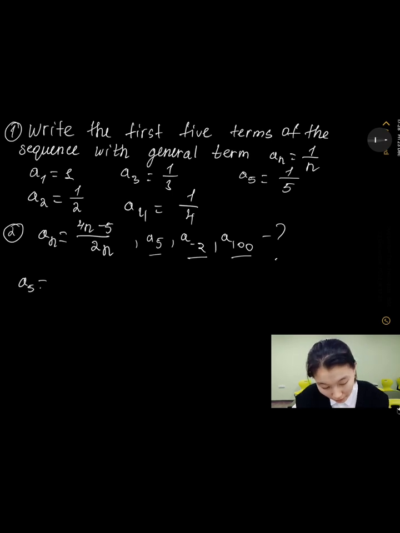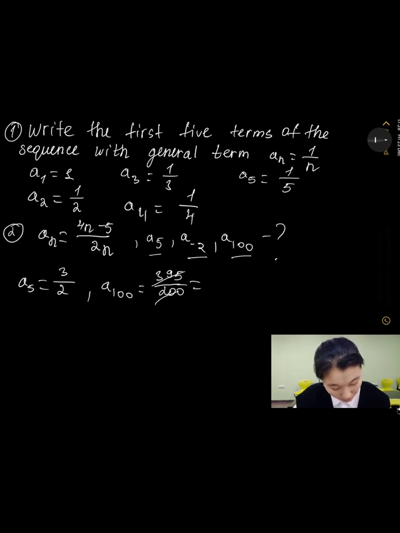So a5 equals 3 over 2. a100 equals 395 over 200, and if we simplify, it gives us 79 over 40. And a-2 is undefined, because minus 2 is not a natural number.